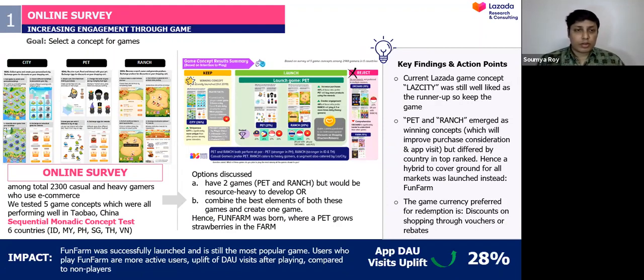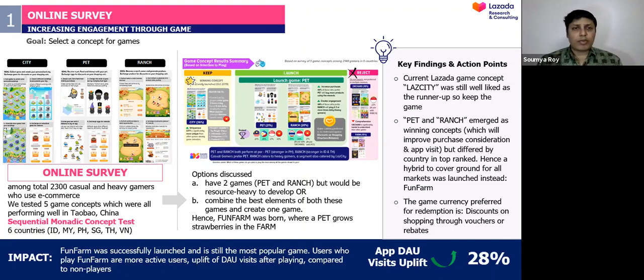These were tested amongst casual and heavy gamers who also use e-commerce. And from the concepts, we found out that pet and ranch were performing best, but differing by country. In some countries ranch was doing best, in some countries pet was doing best, and city was the runner-up across all countries.